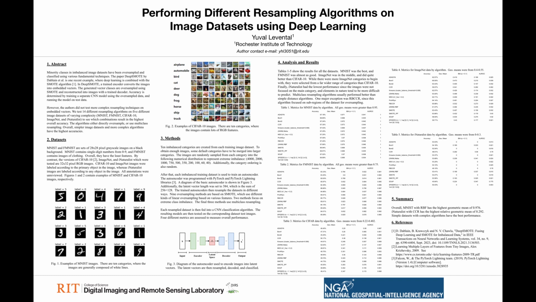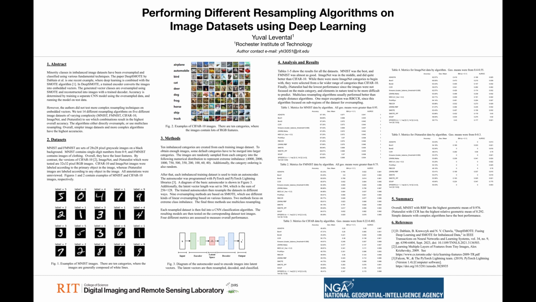CIFAR10 and ImageNet images were labeled according to the primary object in the image, whereas iNaturalist images are labeled according to any object in the image. All annotations were unreviewed. Figures 1 and 2 contain examples of MNIST and CIFAR10 images, respectively.